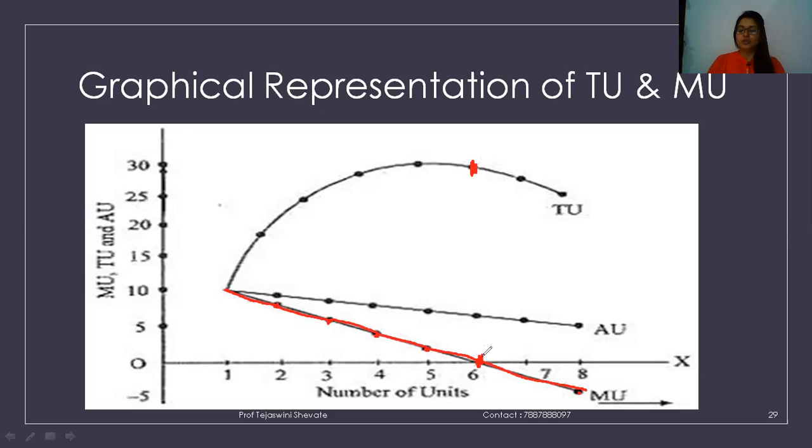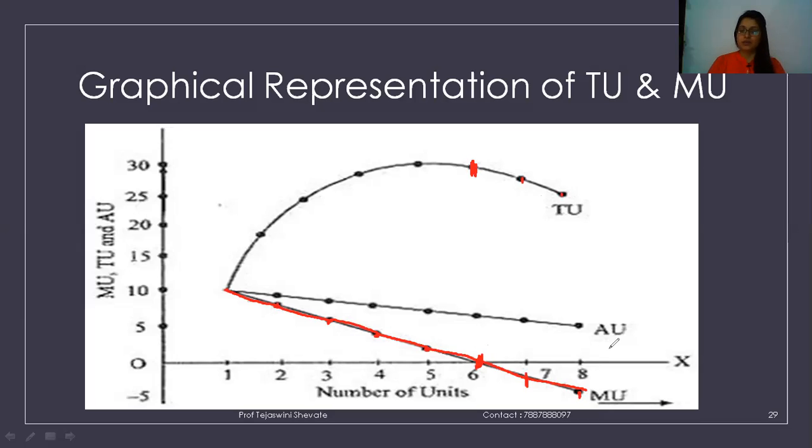When the total utility is the highest, the marginal utility reaches 0, that is, it intersects the x-axis. When one more additional unit is consumed, the total utility starts falling. That is when the marginal utility turns negative. If one more unit is consumed, the total utility still keeps on falling, and the marginal utility falls deeper into negative.